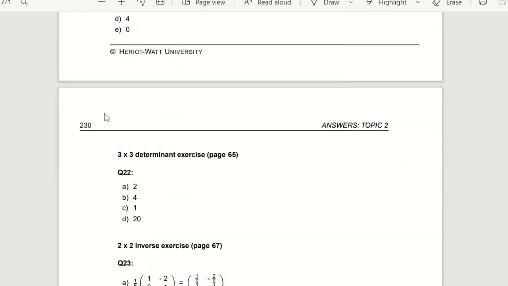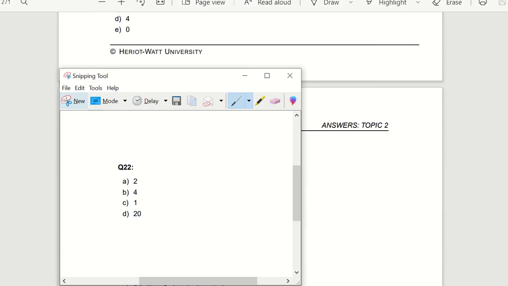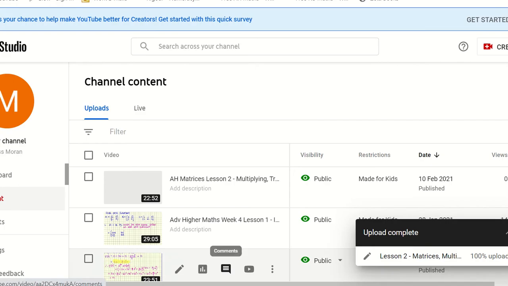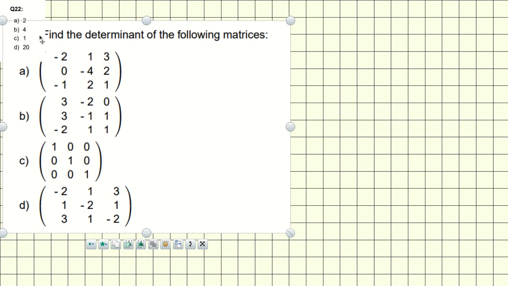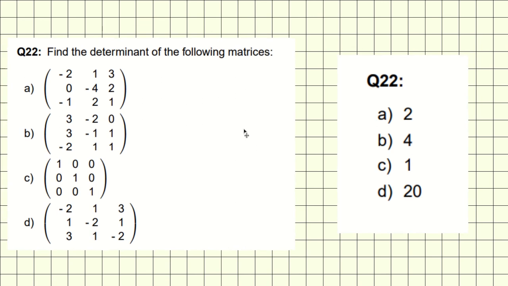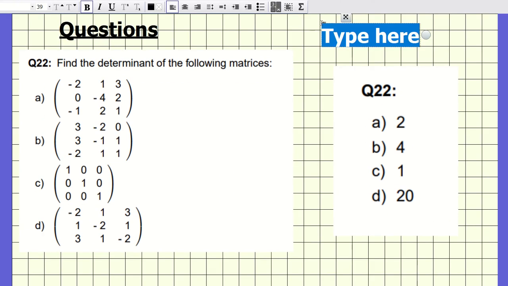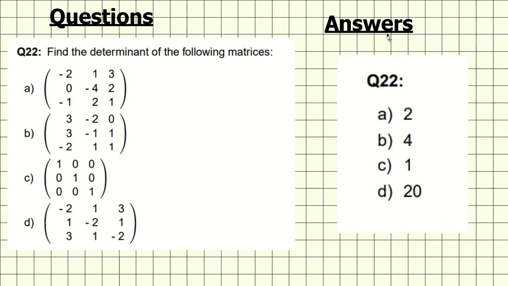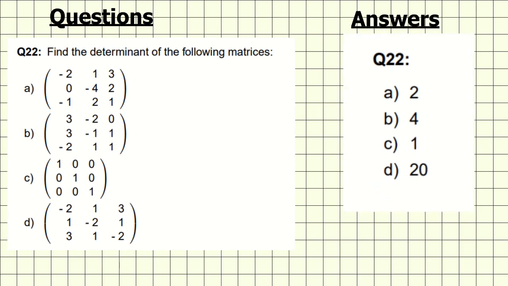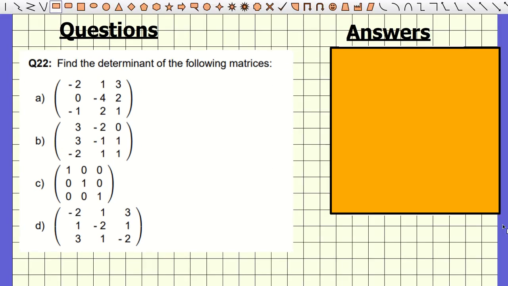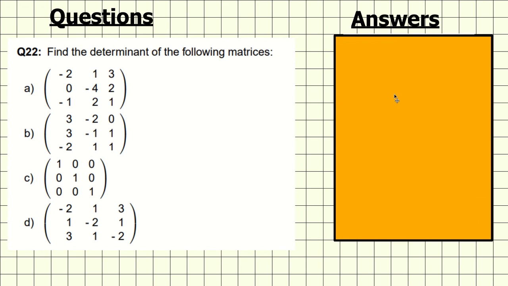So it's number 22. Okay, so here are your questions, and your answers. Okay, so if you want I can just hide them now even though you've seen them all.